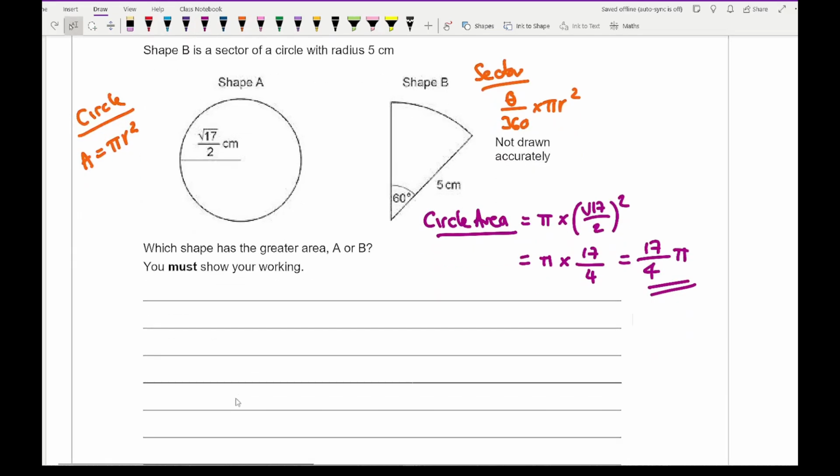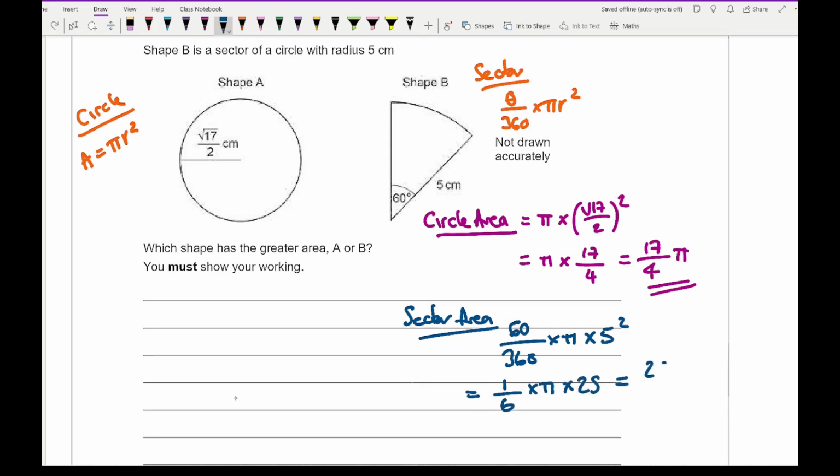Then working out the area of a sector, using the formula, that's going to be 60 over 360 multiplied by pi multiplied by 5 squared. And that simplified is going to give me 1/6 multiplied by pi multiplied by 25, which gives me an answer of 25 over 6 pi.